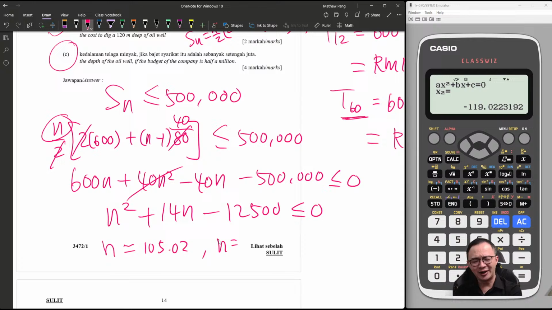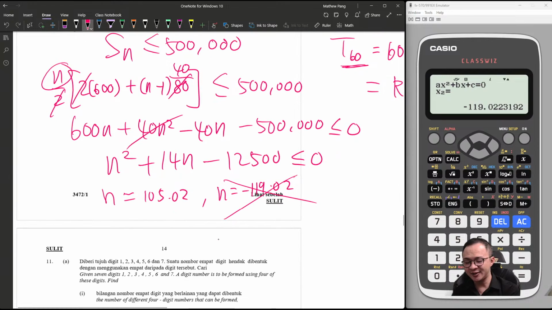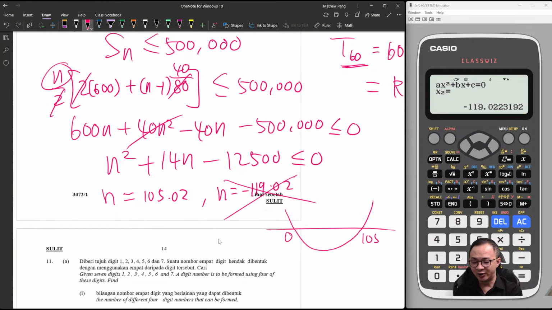My second n value is negative 119.02. But for progression, your n cannot be negative. So in these cases, since this is the quadratic inequality and n cannot be negative, I will start with 0, up to 105.02.